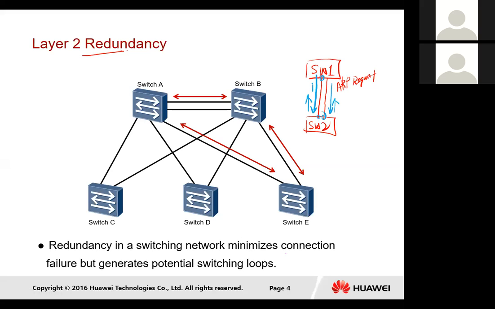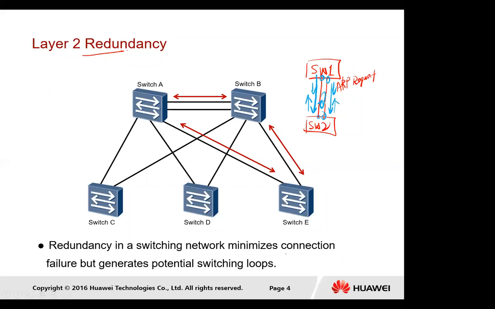Receive, I forward. So they keep on forwarding to each other, creating a loop internally. So between switch 1 and switch 2, right now, they cause a loop when the ARP broadcasts are sent out.